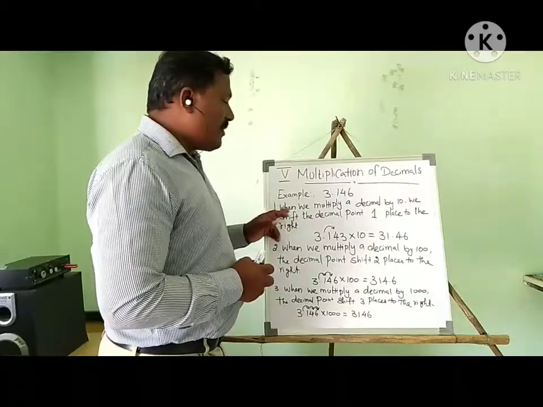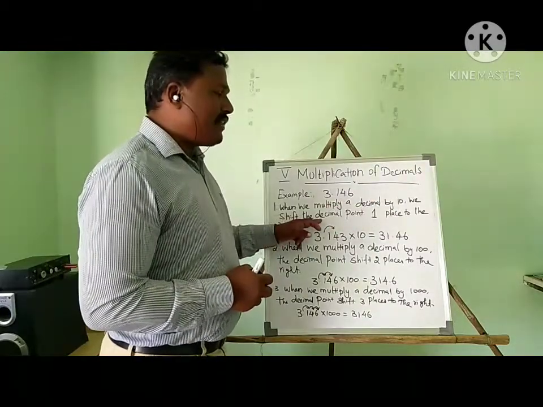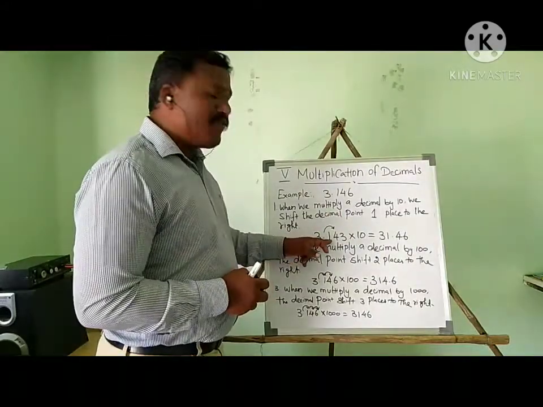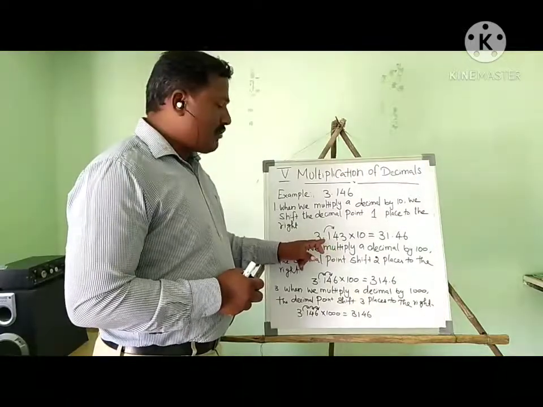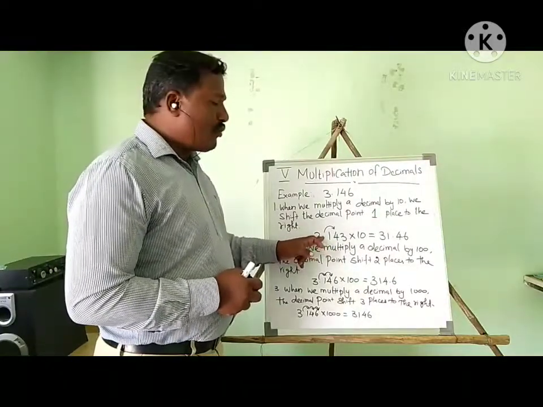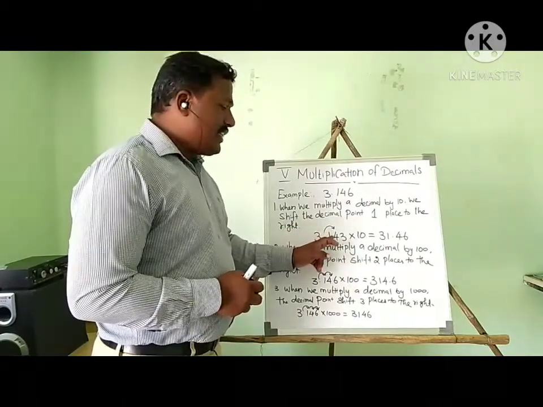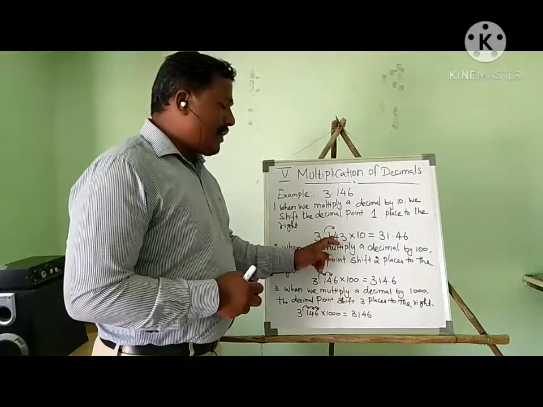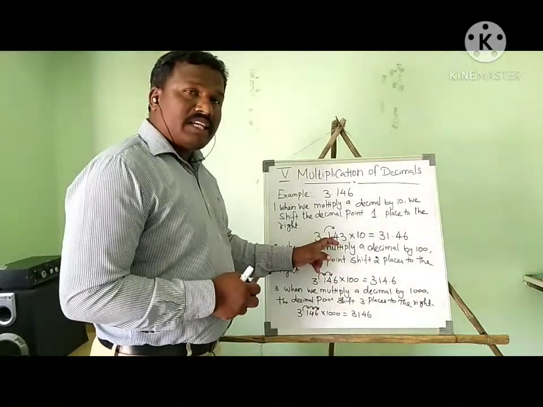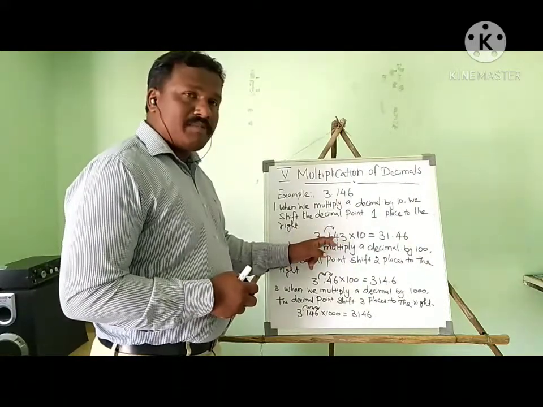So when we multiply a decimal by 10, we shift the decimal point one place to the right. Example: 3.146 is the number. The decimal point is now near the 3. If you shift one place to the right, it will come between the 1 and the 4.